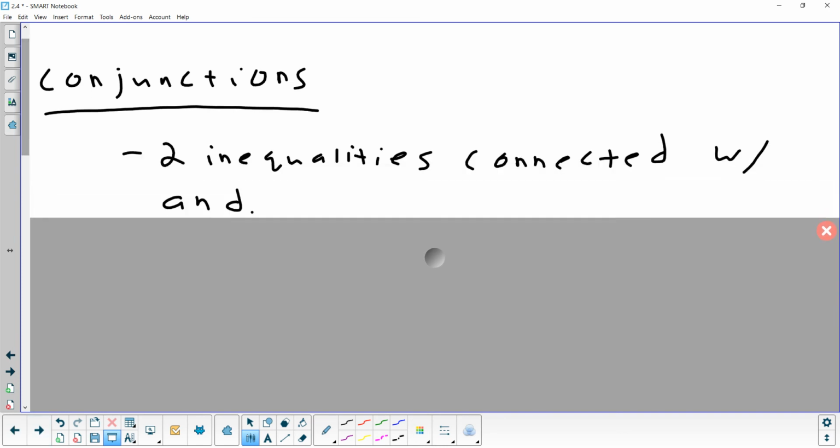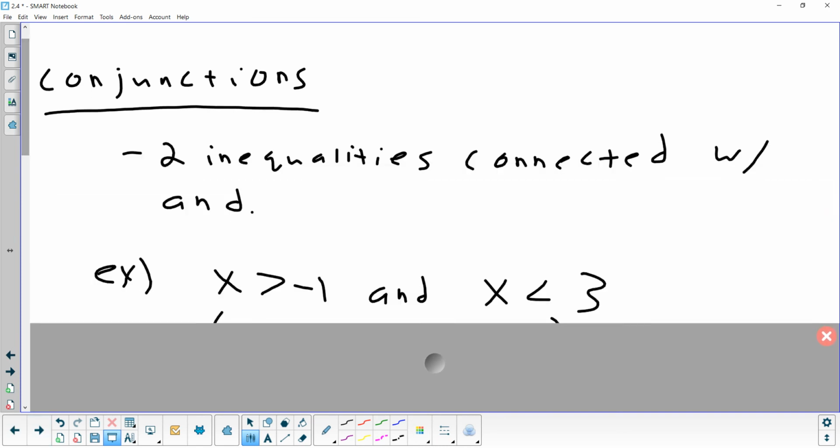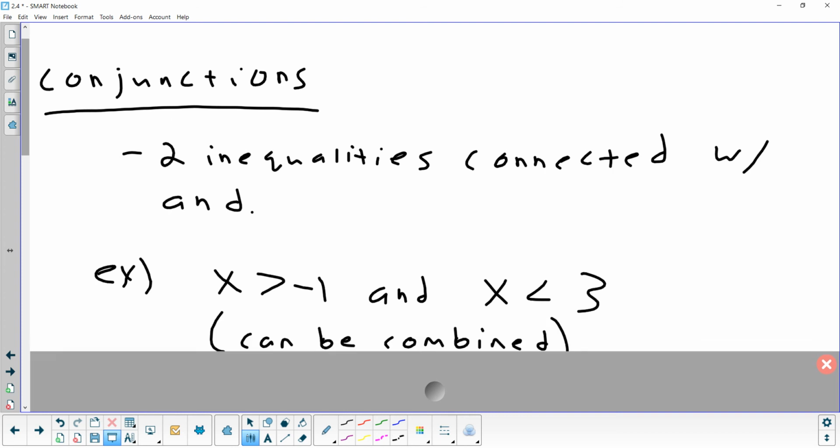So one type of inequality we can have is what's called a conjunction. A conjunction is really two inequalities, and you put the word "and" between them, like this. X is greater than -1, and x is less than 3. Now, a lot of times when we have a conjunction, we can shorten this, and usually people do. This is how you can shorten it.